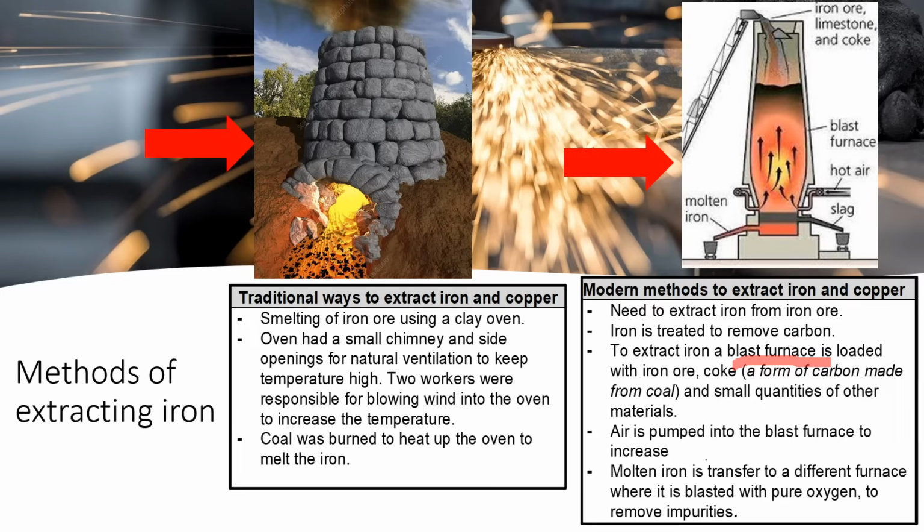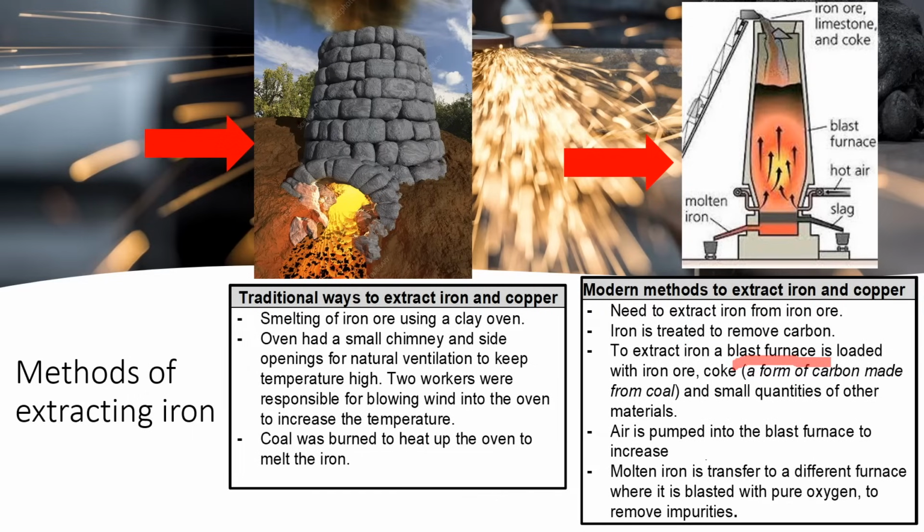The air is then pumped into the blast furnace to increase the temperatures to around 1200 degrees Celsius. Molten iron is then transferred to a different furnace where it is then blasted with pure oxygen to remove the impurities. Something important to remember with our modern process is that the lower the carbon percentage, the better quality of steel that can be formed with iron.